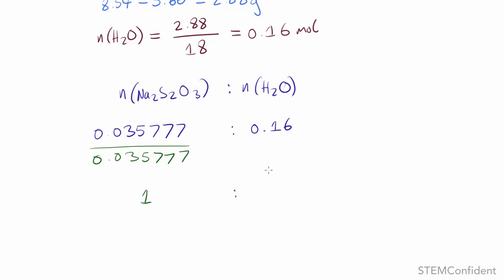Because this is a ratio, which functions like an equation, we need to do the same on the right hand side. If we go through that process, you should find that you get 4.4721.